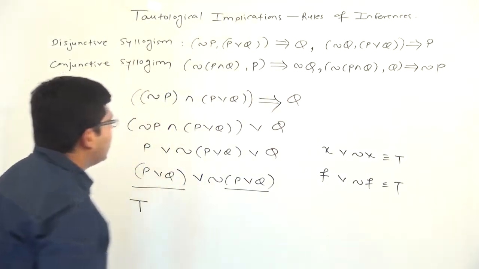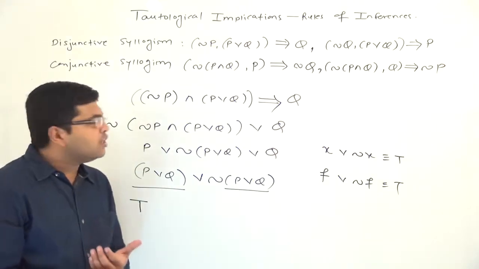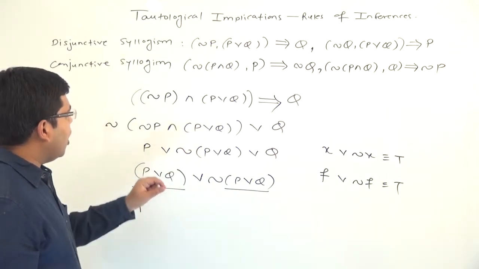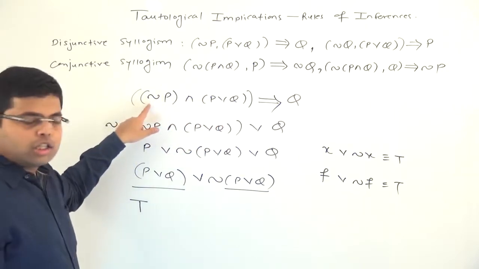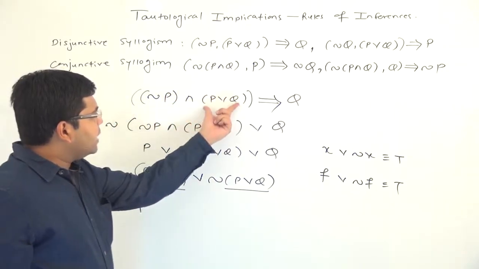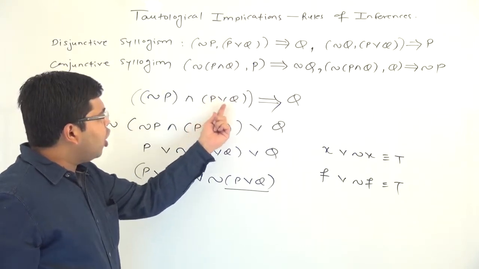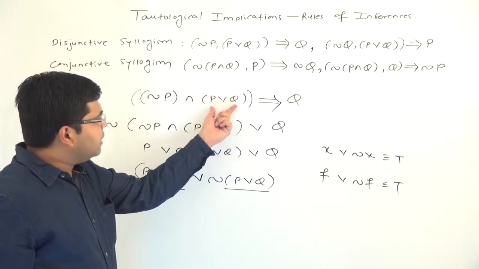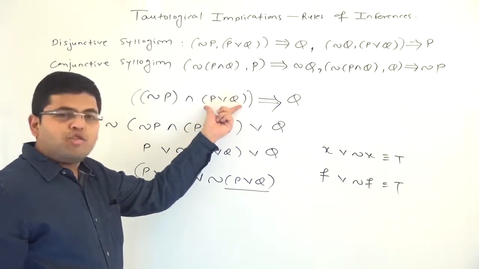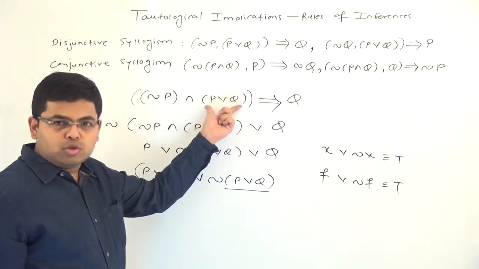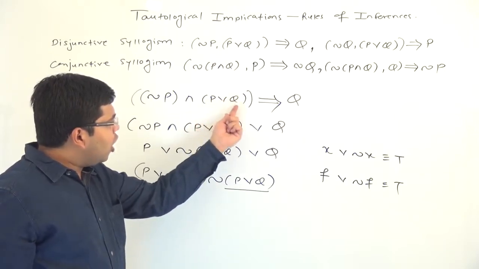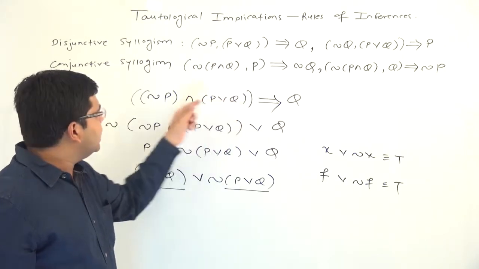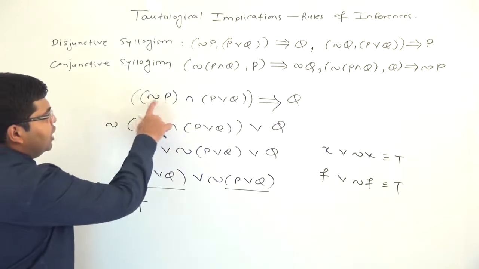Similarly, there is one more thing here. If you observe this particular formula, what does it say? That P is false and at least one of P or Q is true. Under what condition will P or Q be true? P or Q will be true when either P or Q or both are true. But here we are saying that P is false.